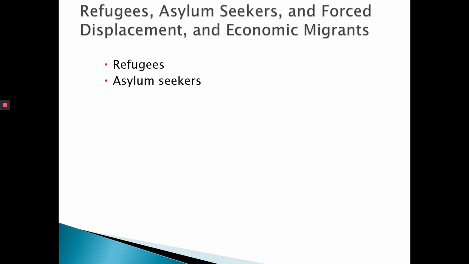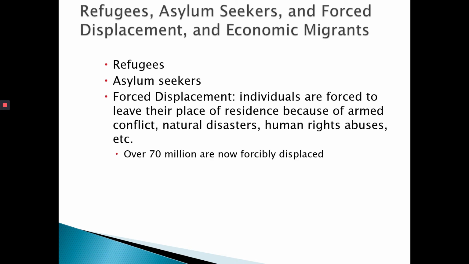There's also a group of individuals that are known as forcibly displaced. In particular, these are individuals who might be facing human rights abuses. They might be facing natural disasters, so that for some reason they are forcibly being displaced.